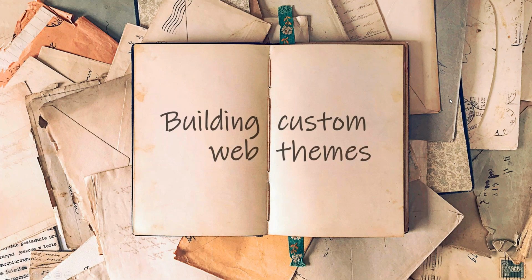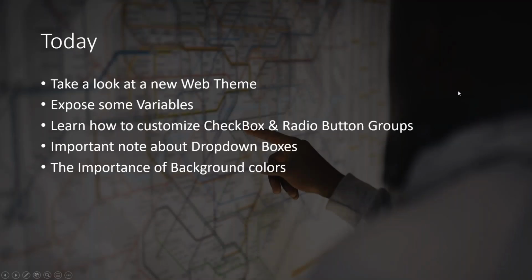And then getting back to what we were talking about, building custom web themes. Today's presentation is going to be a bit short because we're just going to go straight into the demo part and take a look at a custom web theme. Some things that I want to hit on today: again, how you expose variables on the Adjust tab so that you can adjust them yourself.